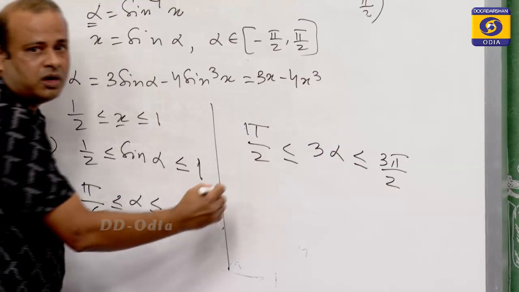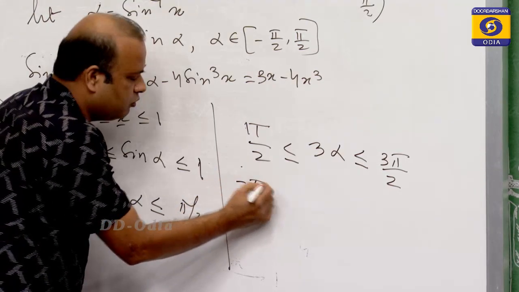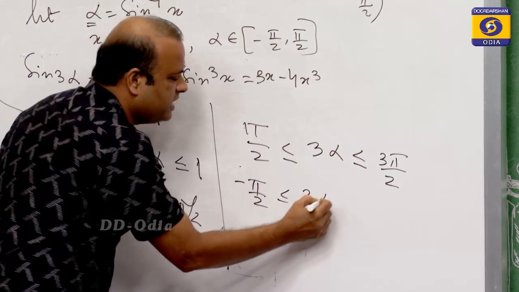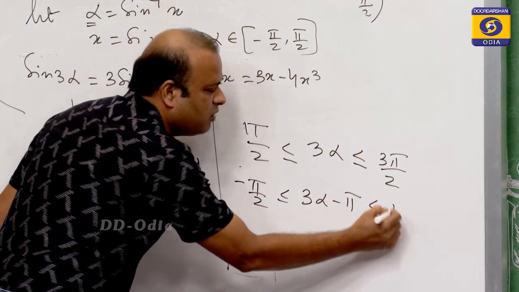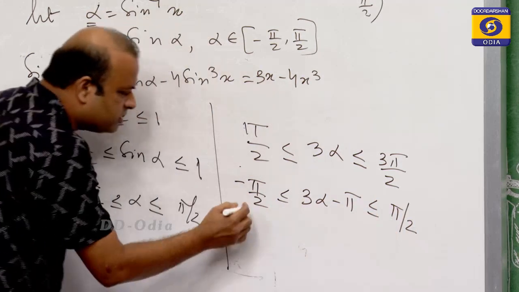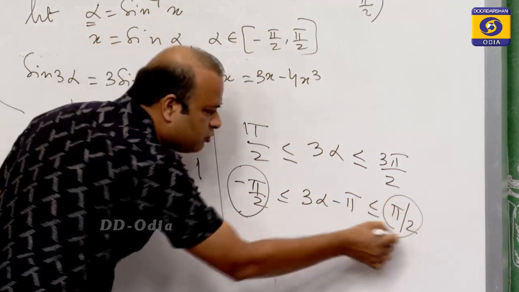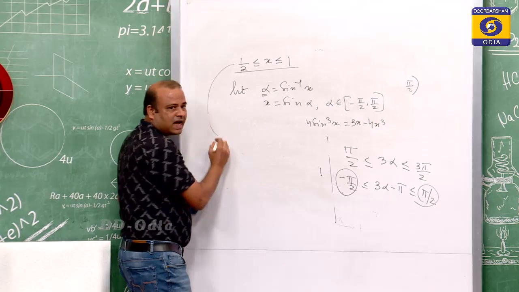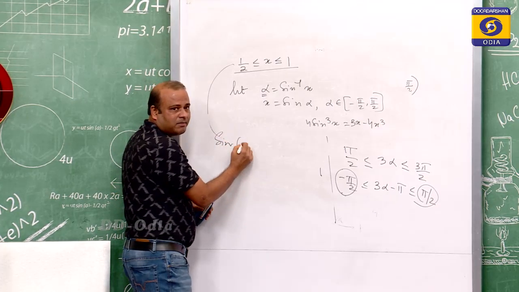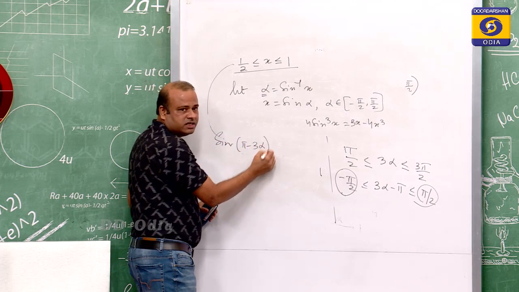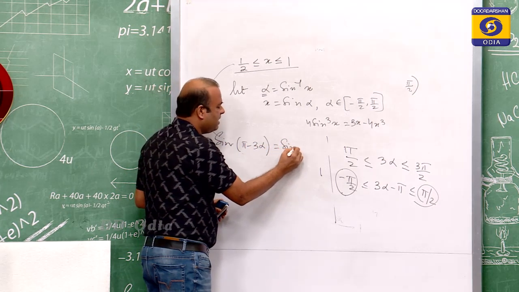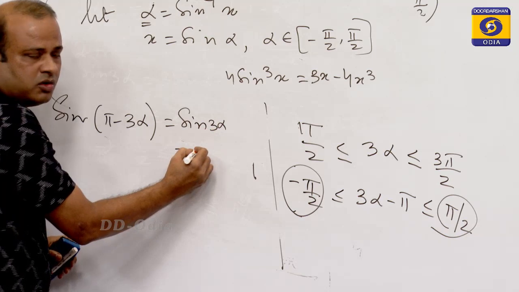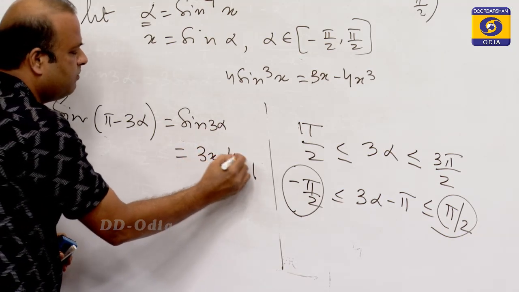So now minus pi by 2 less than or equal to 3 alpha minus pi less than or equal to pi by 2, because it lies between minus pi by 2 and pi by 2. So now you can use sin(pi minus 3 alpha) is equal to sin 3 alpha, which is equal to 3x minus 4x cube.